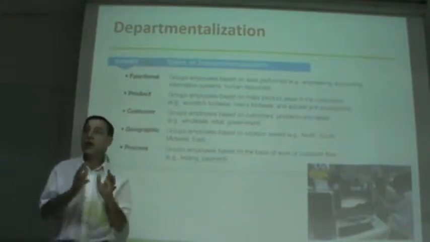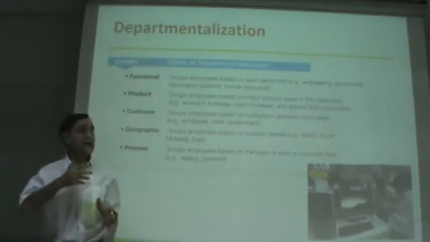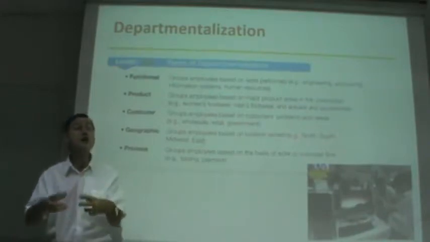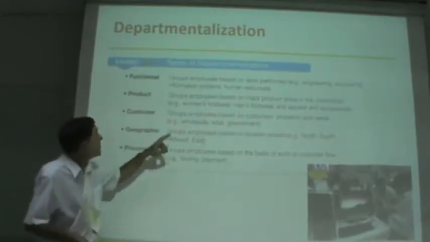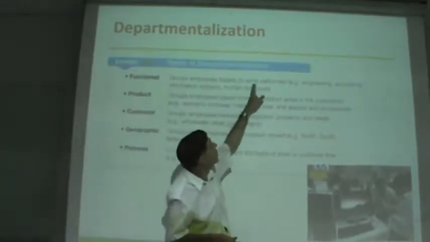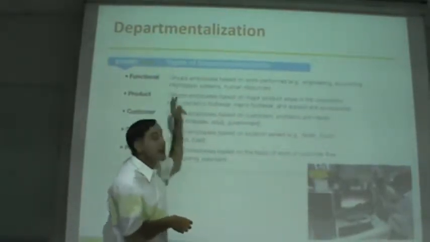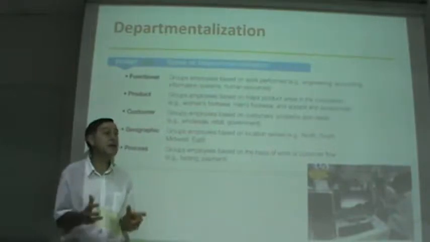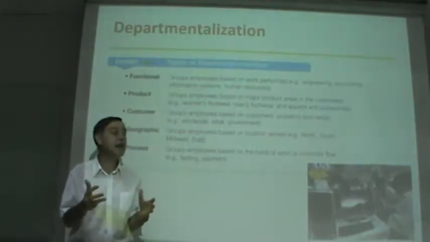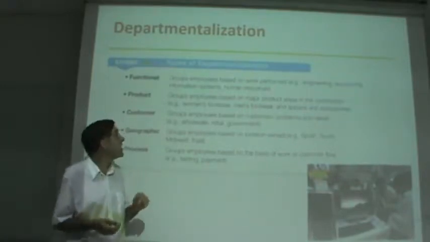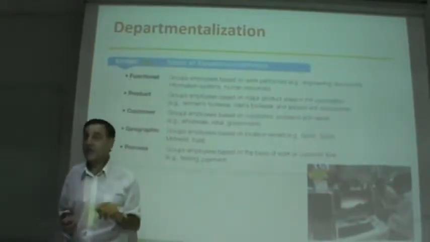So you have the division based on the different functions, based on the work performed: engineering, accounting, and yes, you will usually have even a separate IT department, and human resources. So that's the function.